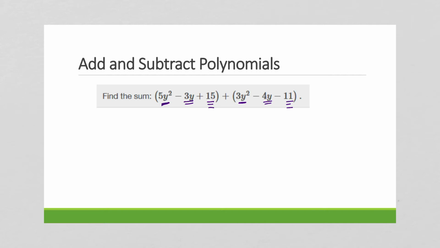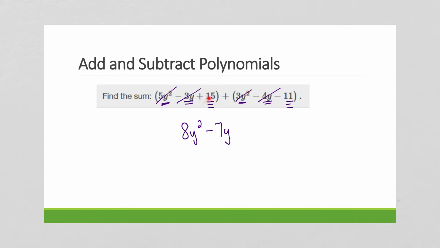Okay? So now let's do 5y squared plus 3y squared, which is 8y squared. Don't forget, this is a minus sign in front of this 3y, so really you can say negative 3y plus negative 4y, which is negative 7y.